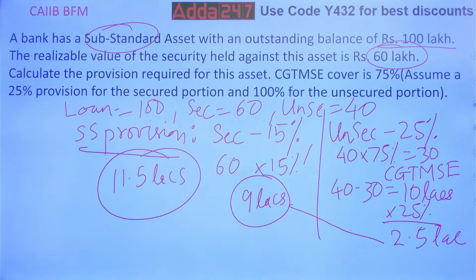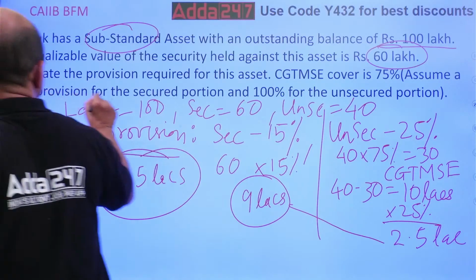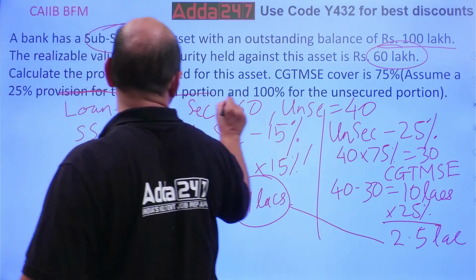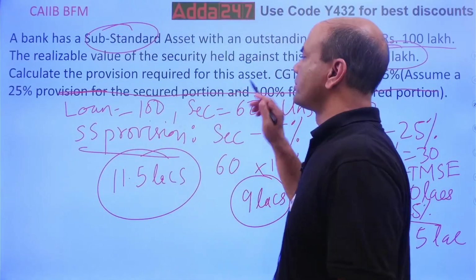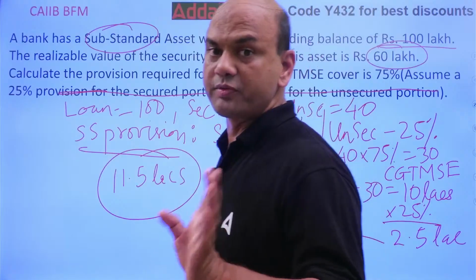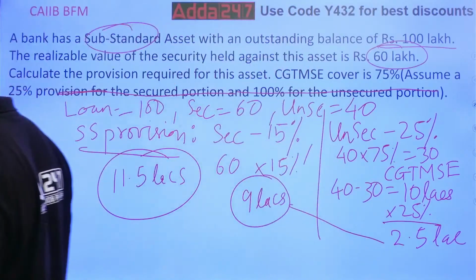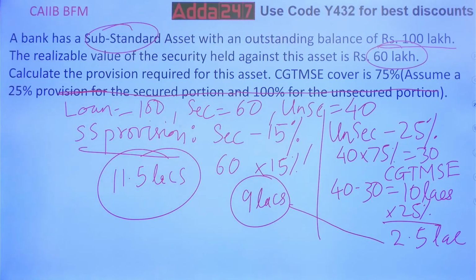Remove this, this line is of no use, because for substandard loan, this is not the provision. It is 15 and 25. This 25 is for doubtful one. Got it? Next.